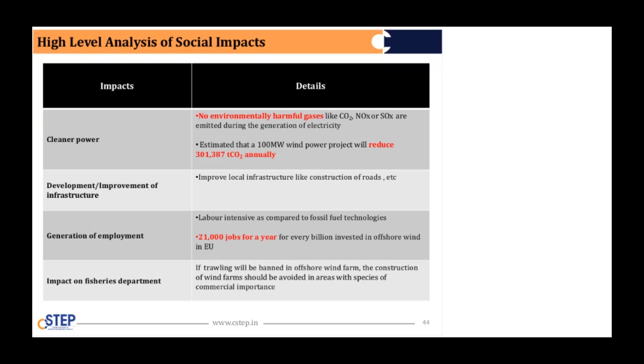In general, this sector will generate employment. It's labor intensive as compared to fossil fuel technologies. It will lead to generation of new jobs, roughly 21,000 jobs per year, for every $1 billion invested.